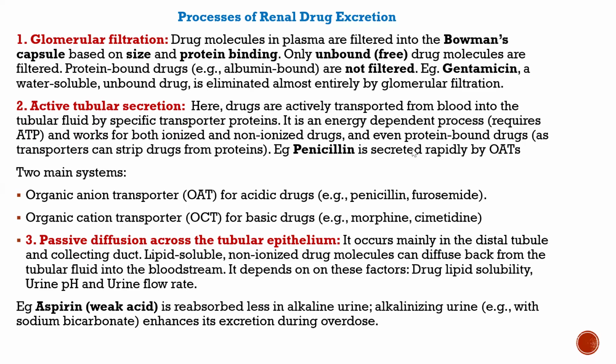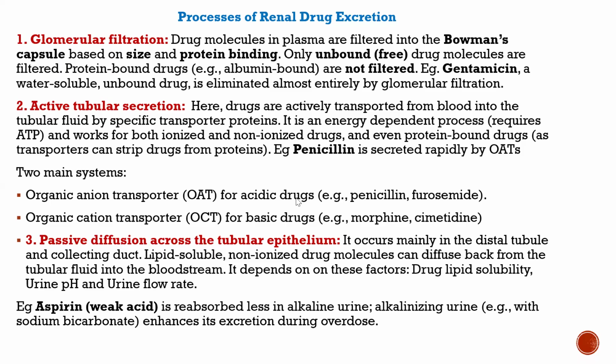For example, penicillin is secreted rapidly by OAT, the organic anion transporter. There are two main systems in active tubular secretion: the organic anion transporter and the organic cation transporter. This is talking of the negative and the positive, that is, the acidic and the basic drugs.